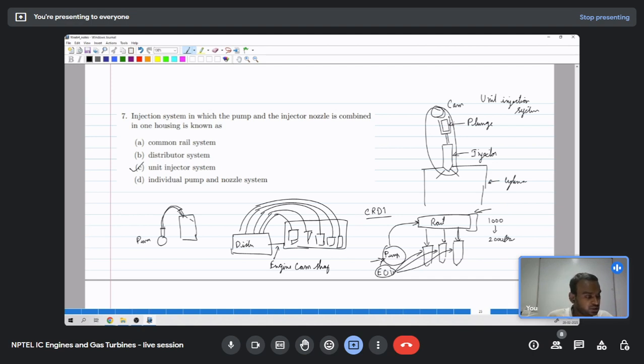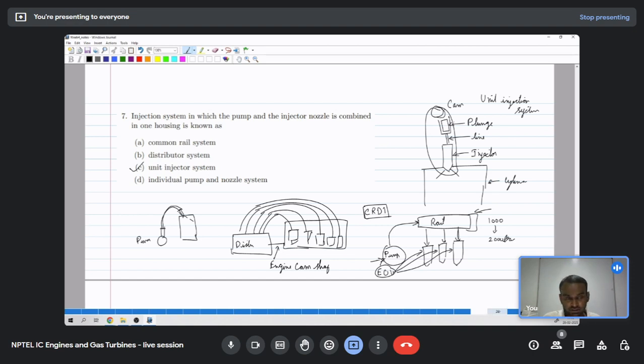And in case of a unit injection system, the pump and injection system come in a single unit. And again, the line is pressurized only when the injection has to happen. So other times the line pressure is very low compared to the injection pressure. Only in common rail system we maintain high pressure throughout the engine cycle.